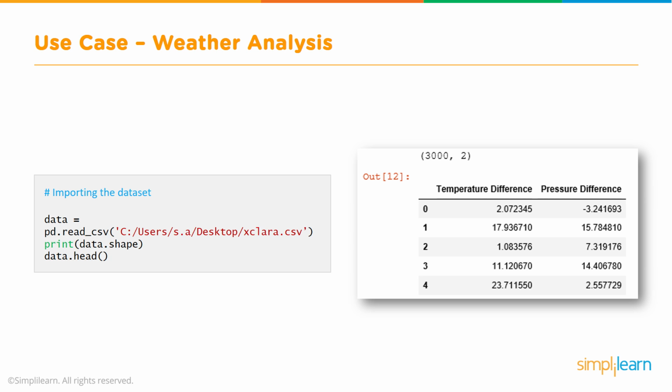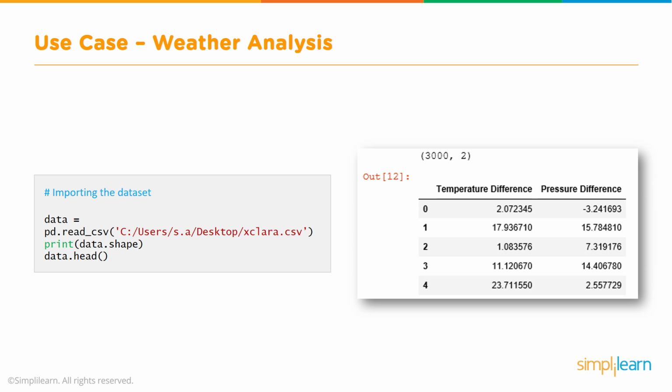And the 2 means there's 2 columns, and that's represented in here with the 2.072345 and the minus 3.241693. And when you print the head out, data.head, if you're in Jupyter, you type in data.head once you've read your data in.